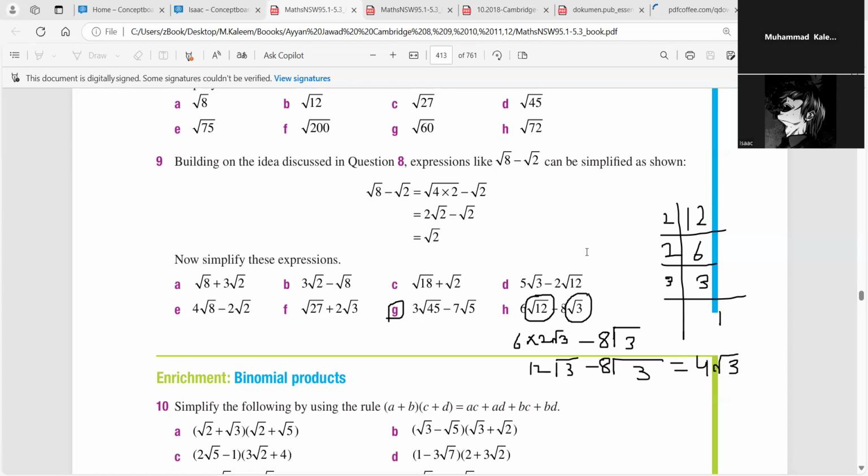Inform me when you're done, Isaac. Yeah, I'm just struggling with 45. You can factorize it, so it will be easy then.